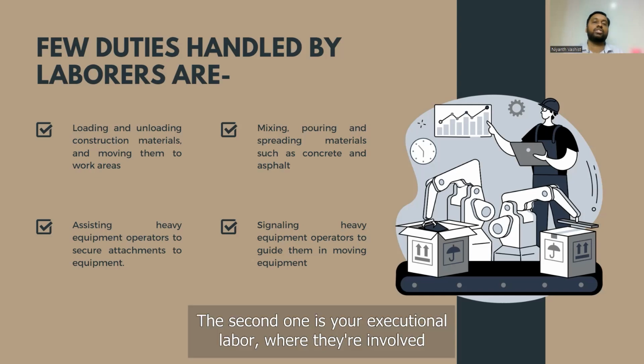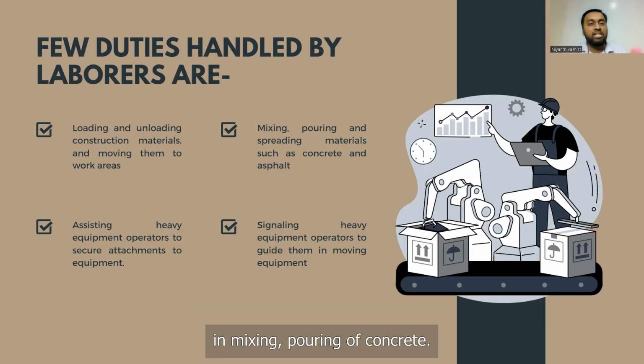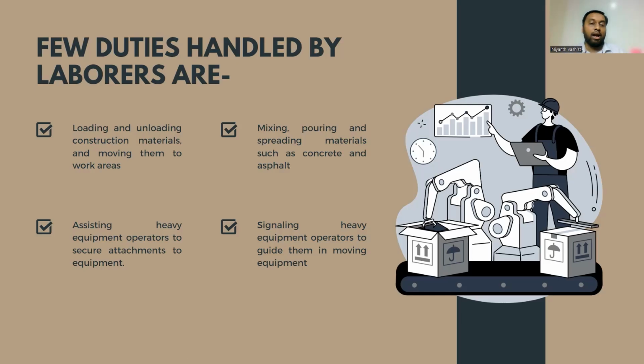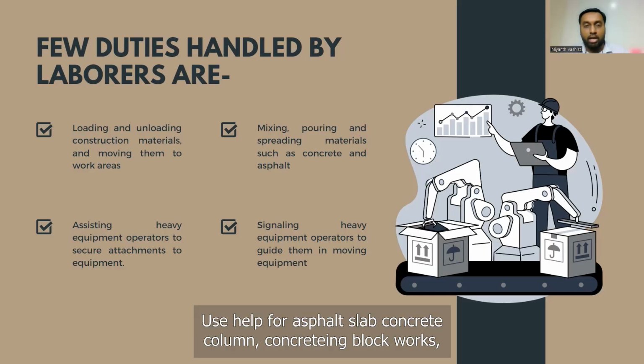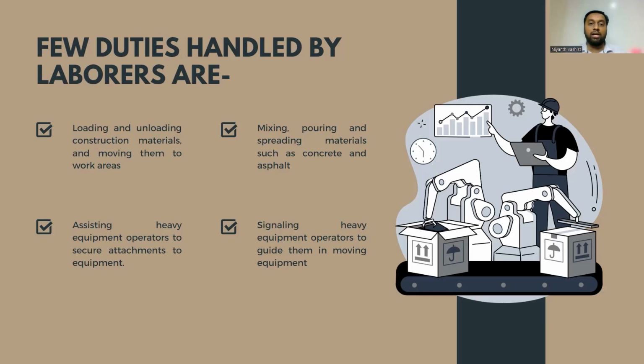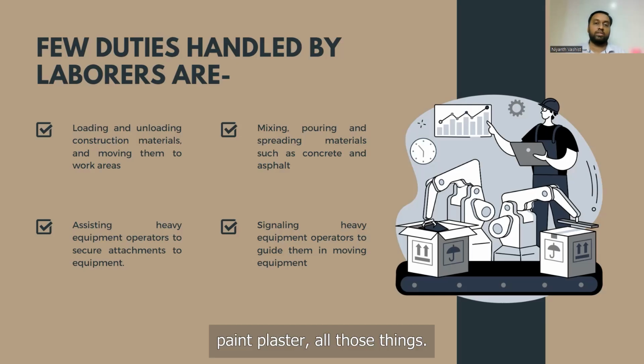The second one is your executional labor, where they are involved in mixing, pouring of concrete, spreading materials, helping with asphalt, slab concreting, column concreting, block works, paint, plaster, all those things.